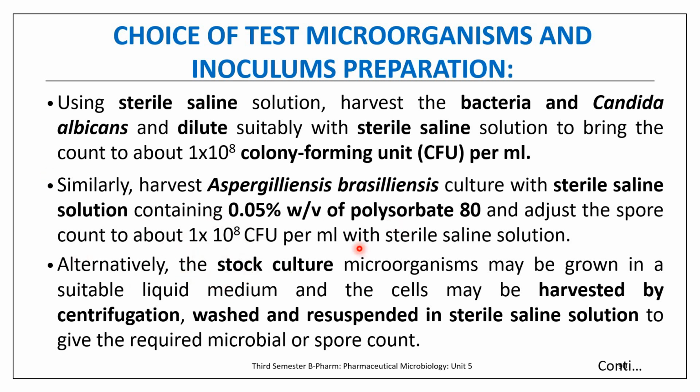Alternatively, we have to prepare the stock solution, harvest by centrifugation, wash it, and resuspend in normal saline to give the required microbial or spore count. So this is the official method of preparation of inoculum.